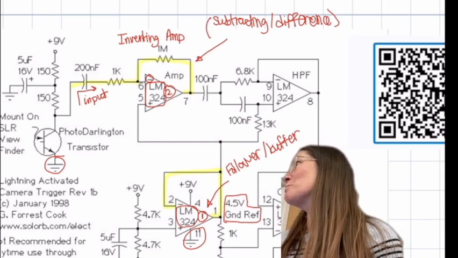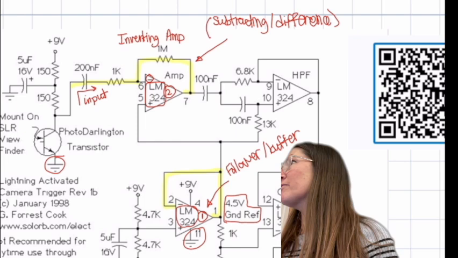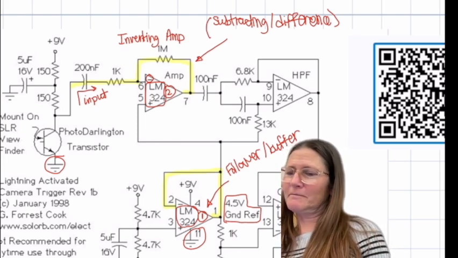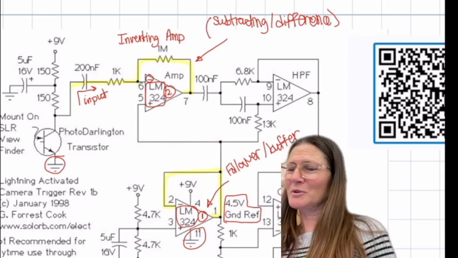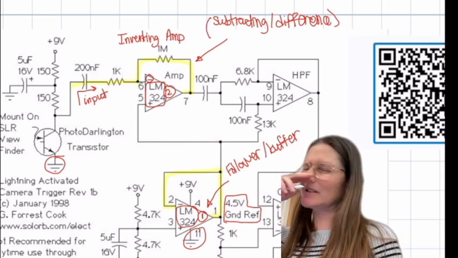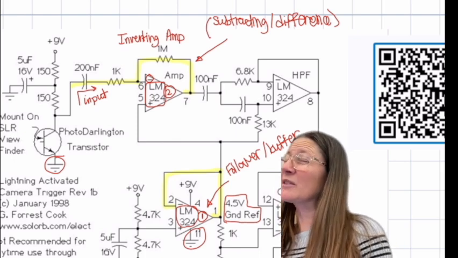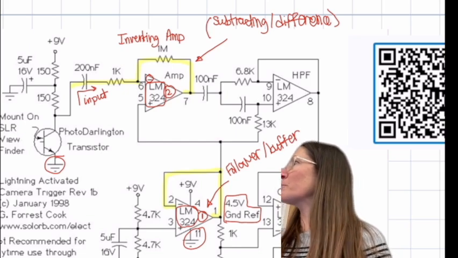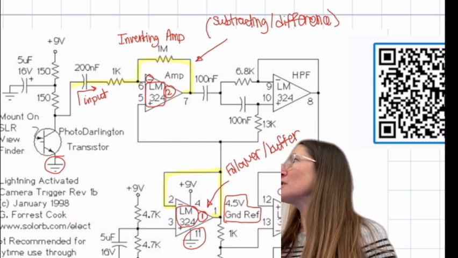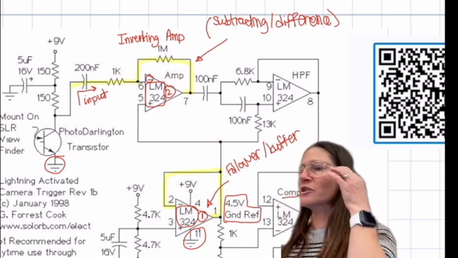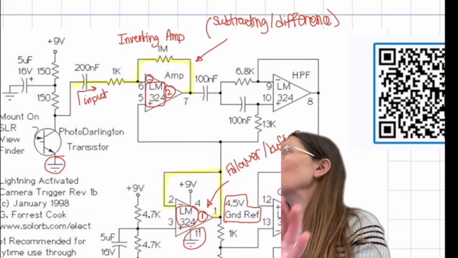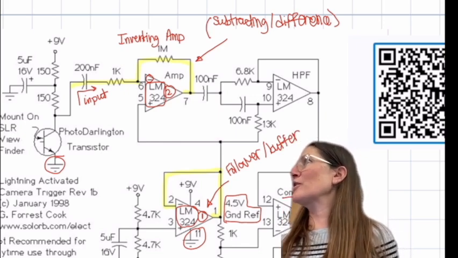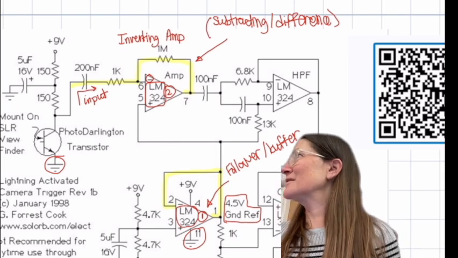It subtracts off the 4.5 volts, with a gain of 1 meg over 1K, so 1,001, because it's a non-inverting gain for that side. But it's taking that and just subtracting it off. So subtracting or difference would also be an okay thing to say. Either of those answers I would have accepted.